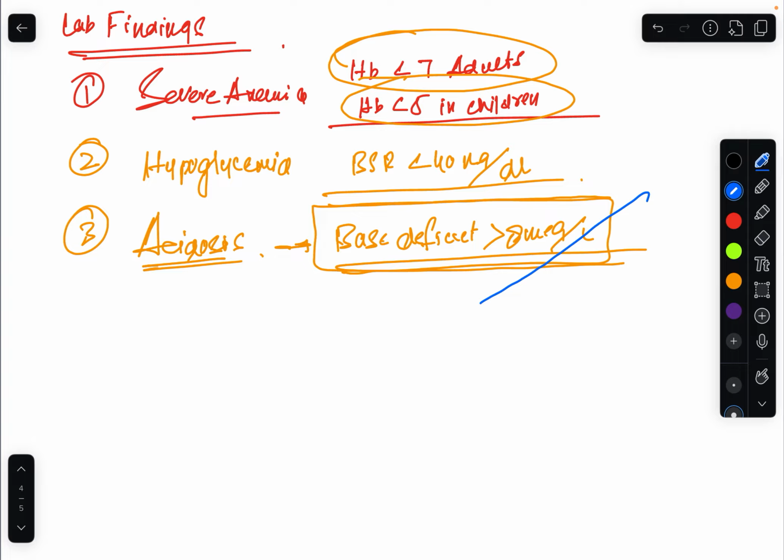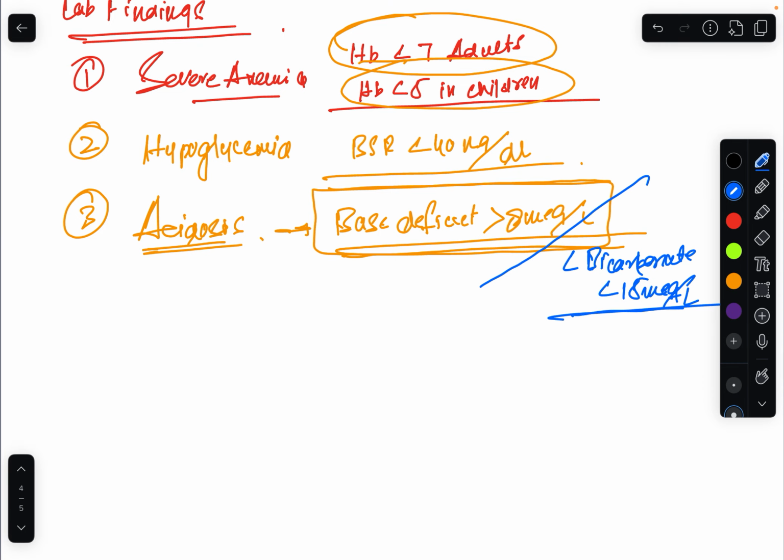Or if your bicarbonate is less than 15 milliequivalent per liter, or your base deficit is more than 8 milliequivalent per liter, then this is the third marker of severe malaria.